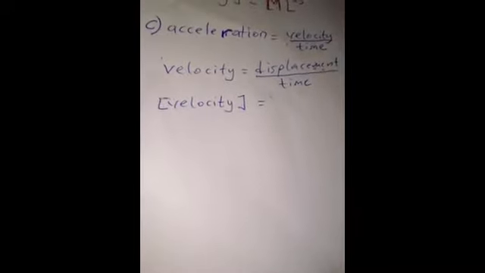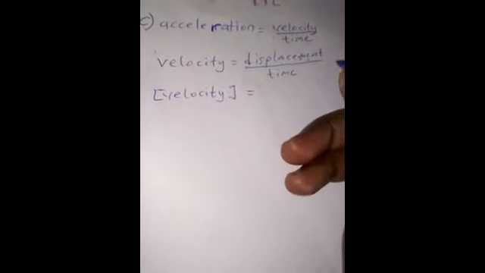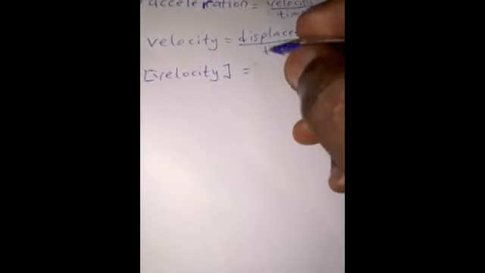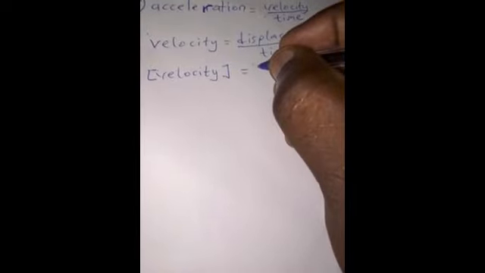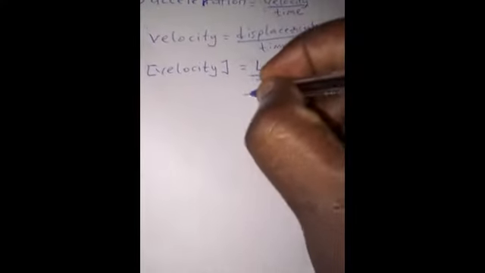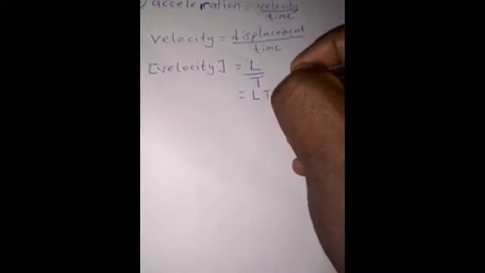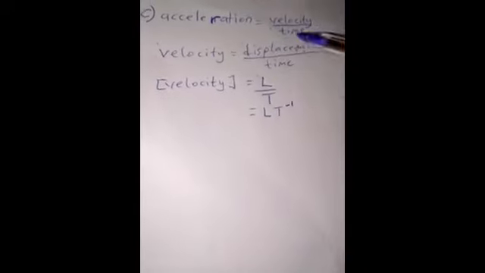So in that case, it is a distance, and it takes the dimension of length, which is capital L, and the dimension of time is capital T. So here I'll get L T minus 1. That is the dimension of velocity, but we are after the dimension of acceleration.